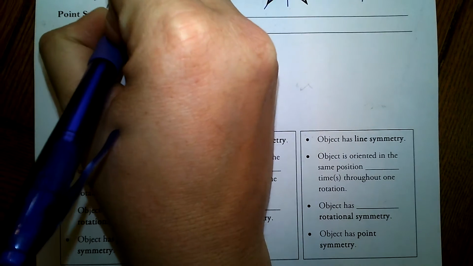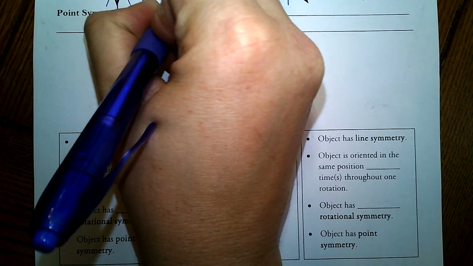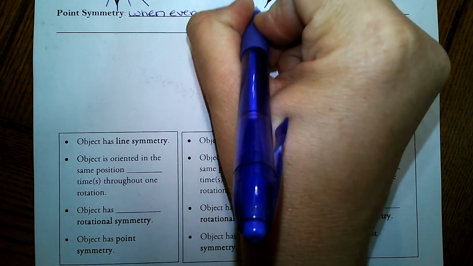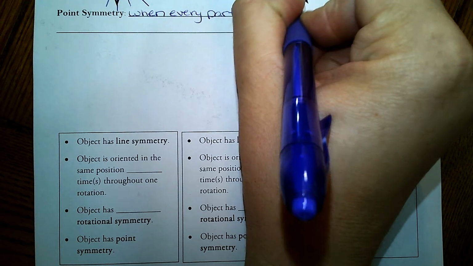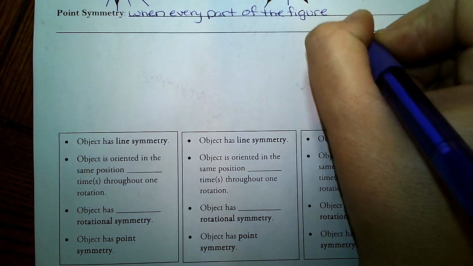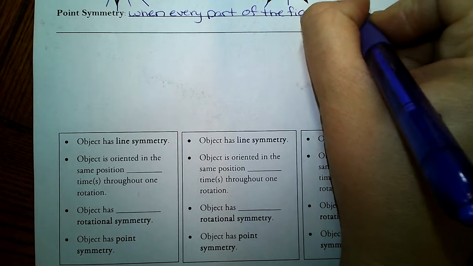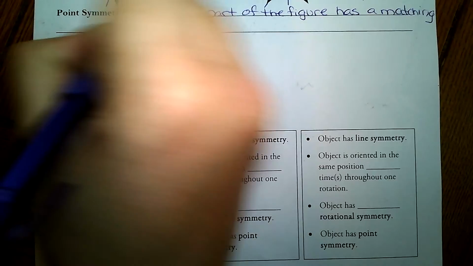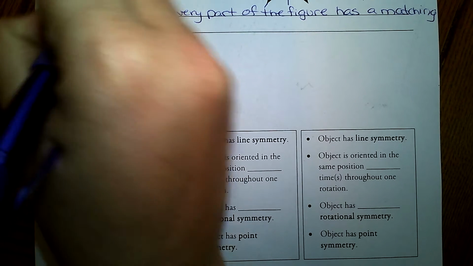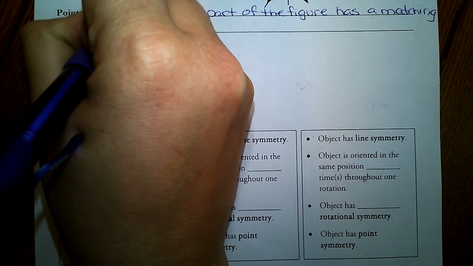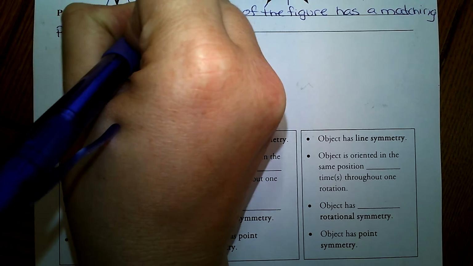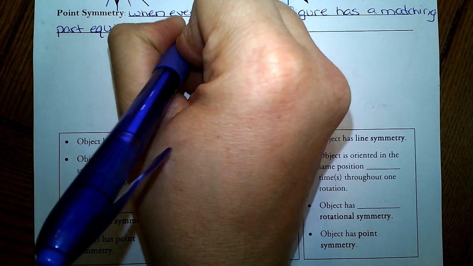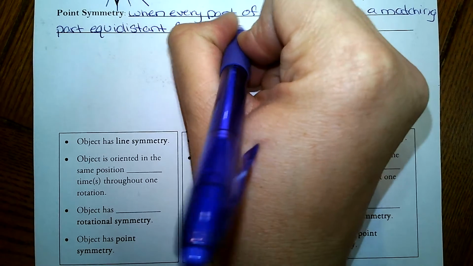So point symmetry, when every part of the figure has a matching part equidistant, we've used that word quite a lot, equidistant from the point in the opposite direction.